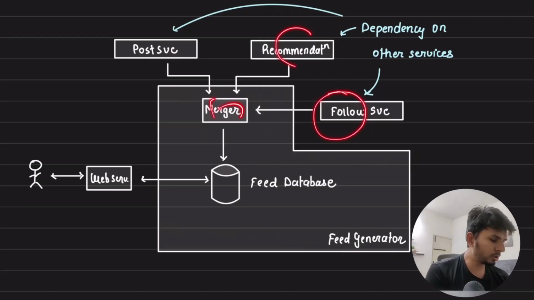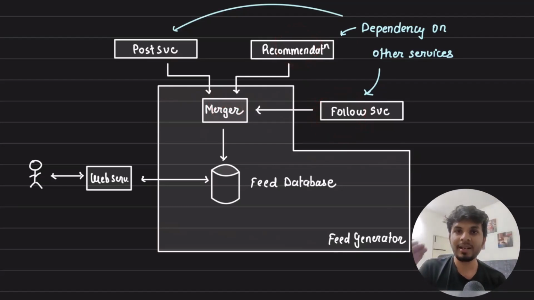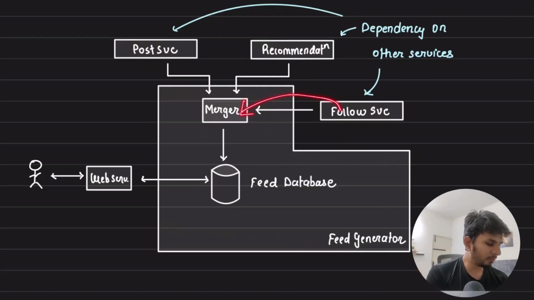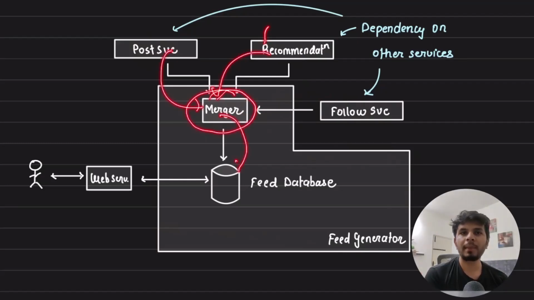It needs to use information from the recommendation engine so that it can recommend content you are more likely to like and share and subscribe to. And then a post service to populate the details. So you would merge the people you follow, the recommendations the system generated, and the post service information, and put it into the feed database, which is used by your web server.